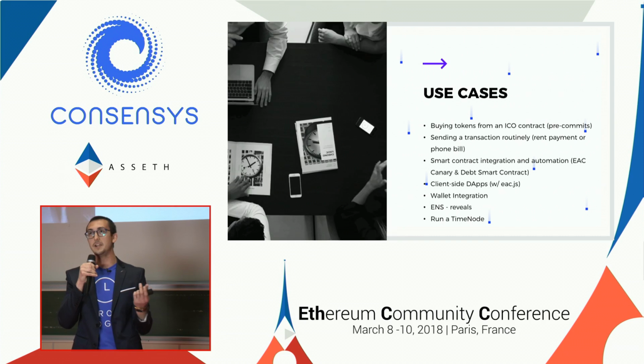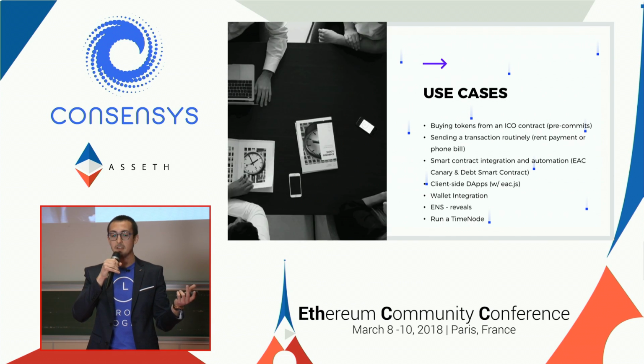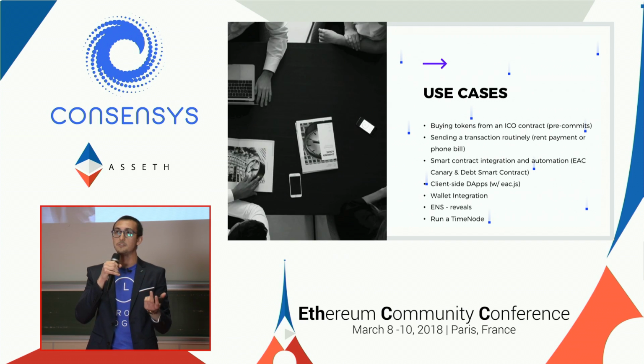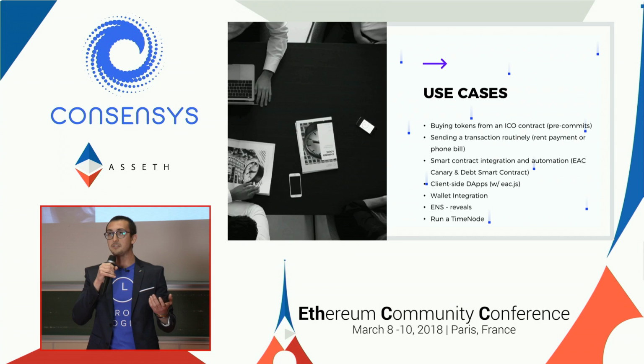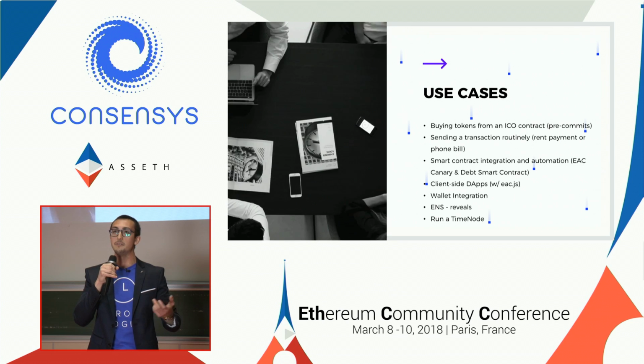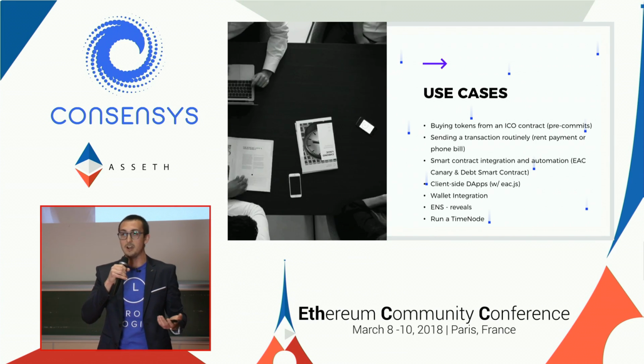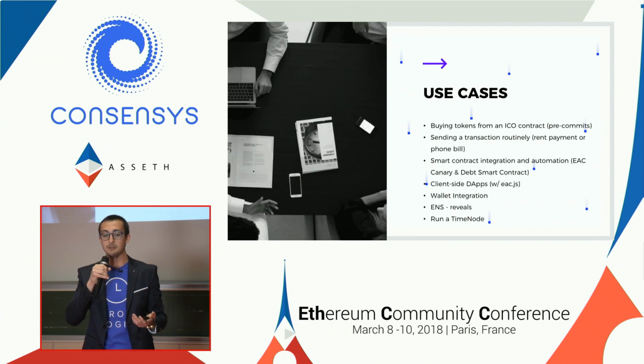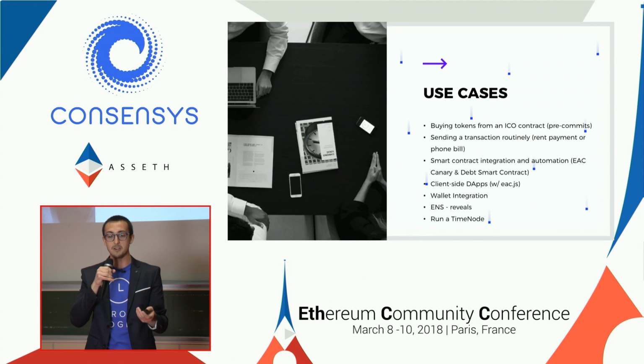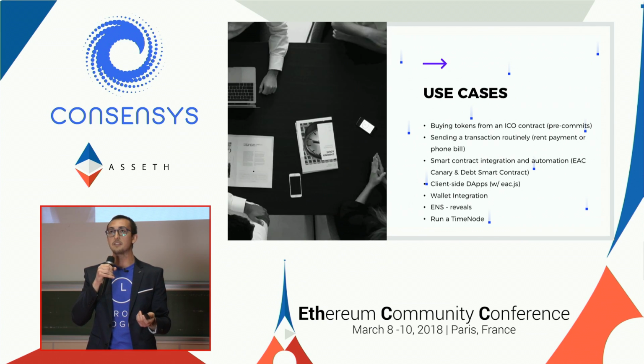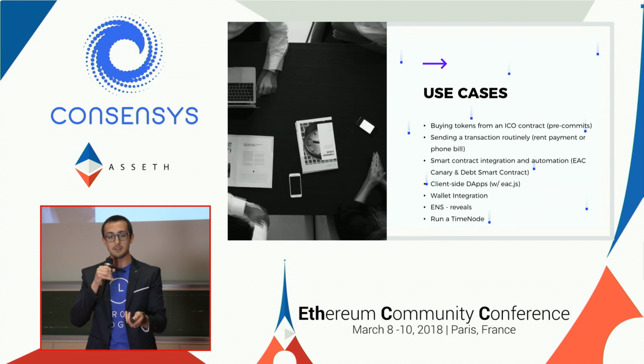So right now it involves 2 transactions, a commit and a reveal, and the reveal happens 2 or 3 days afterward. So if you forget to do a reveal, you lose your money. What you can do now is when you commit, also schedule that reveal transaction and not have to worry about coming back in 2 days to reveal. And then run a time node, which is the executing client. And I'll go into more about that.